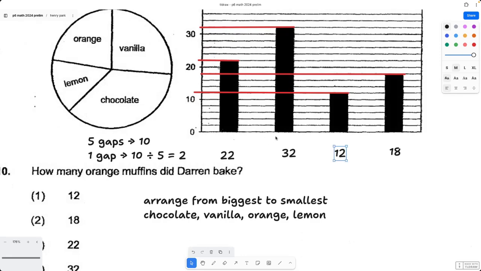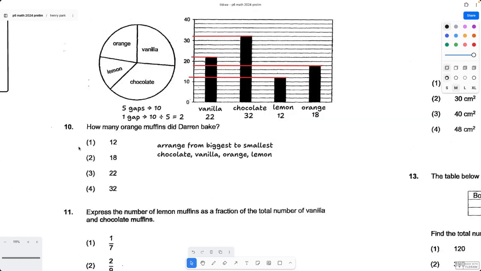The biggest is obviously chocolate. Then the smallest one is lemon. Then the second smallest one is orange, and the second biggest one is vanilla. Yes, people like vanilla. So how many orange muffins did Darren bake? I think orange is 18. So the answer is option number 2.